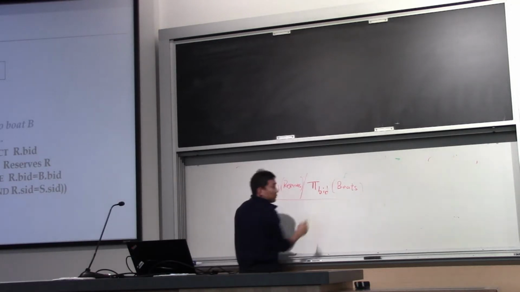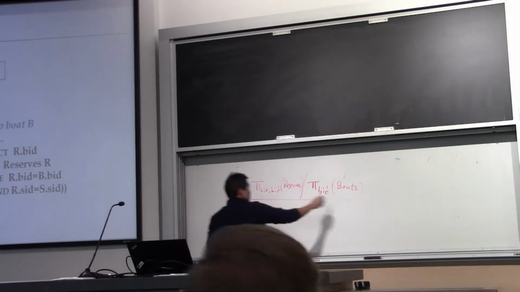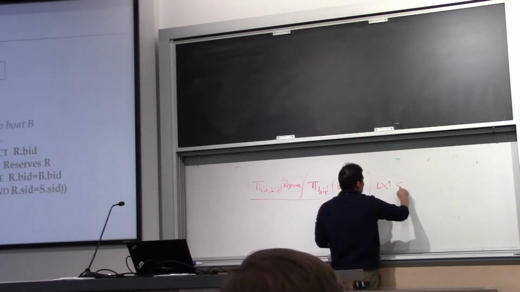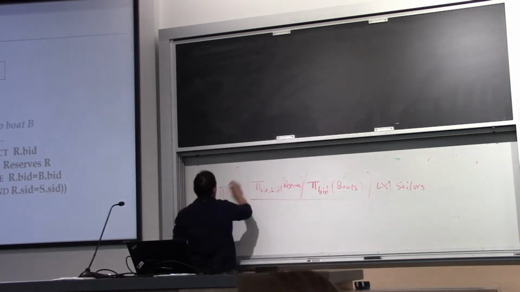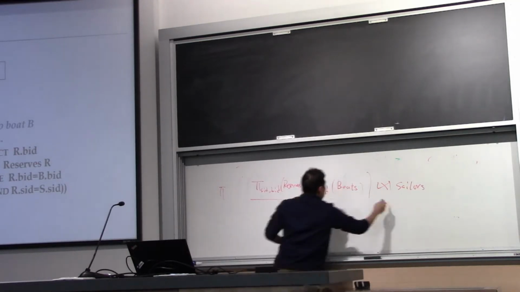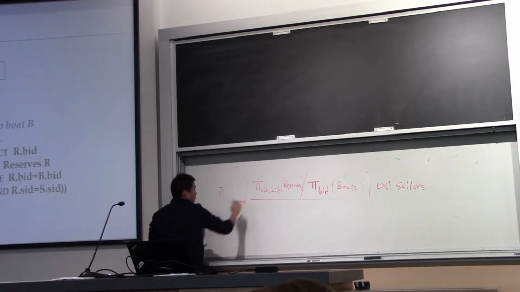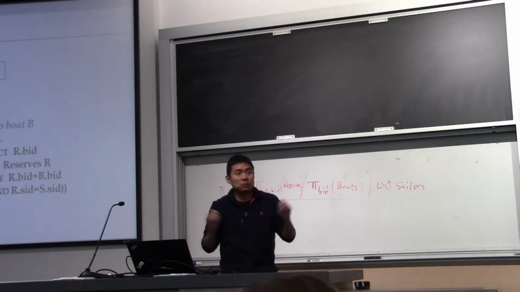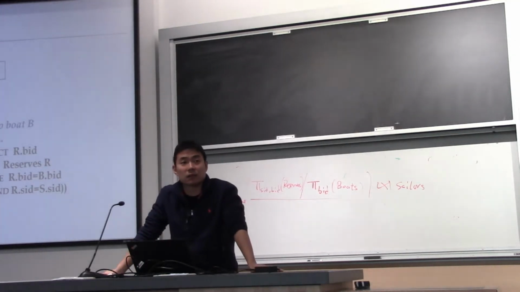So the final output of this is a list of sailor IDs who reserved all the boats. Because I'm interested in the sailor name, I will do a natural join with sailors between the two. Then I project out the sailor name. I'm done. So that's the query in relational algebra. Questions?